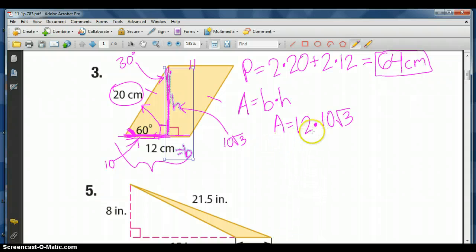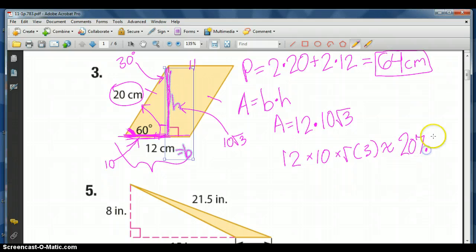So we would take 12 times 10 times the square root of 3 on our calculator, and that gives us approximately 207.8 square centimeters.